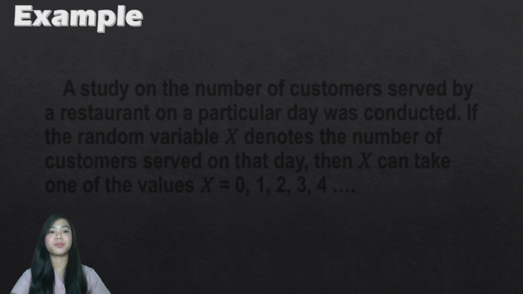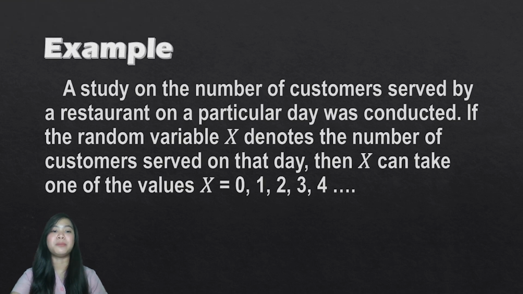So for example, we have here a study on the number of customers served by a restaurant on a particular day. If the random variable x represents the number of customers served on that day, then x can take one of the values 0, 1, 2, 3, and 4.